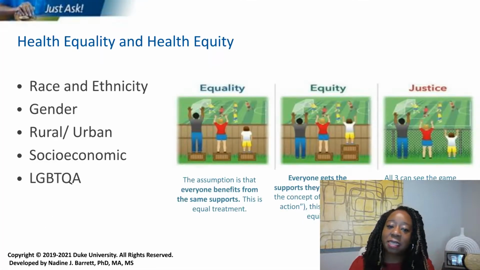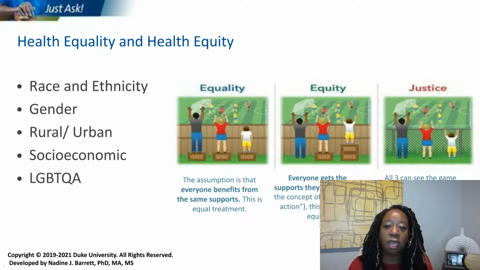So that being said, when we talk about these areas and the disparities that exist, as I just mentioned in some of the other slides, as it relates to oncology and other areas, we also have to highlight some of the work that Camara Jones and others have been highlighting around the difference between equity, equality, and justice, and particularly between equality and equity.